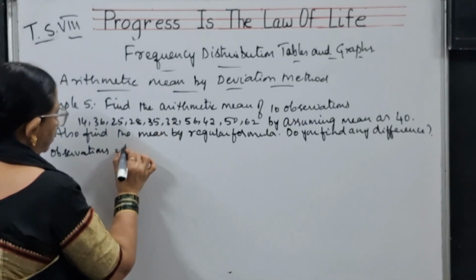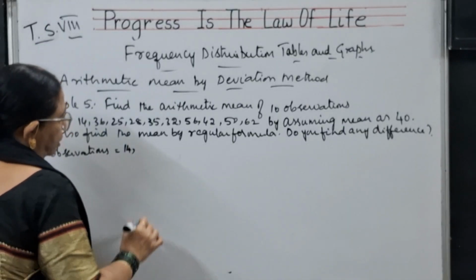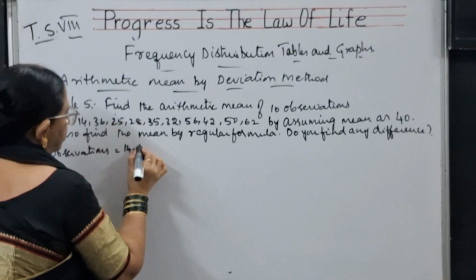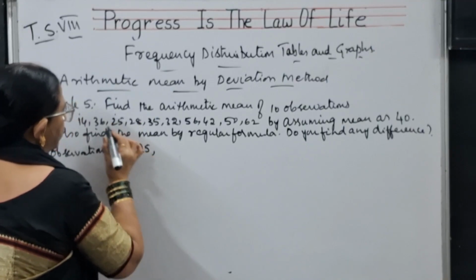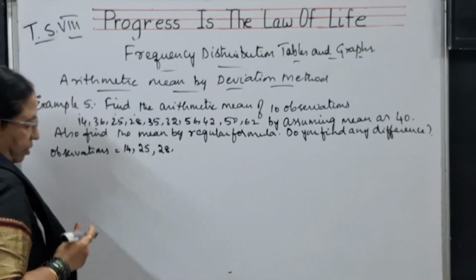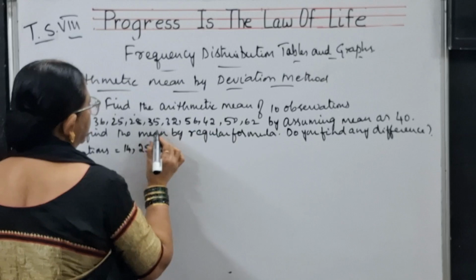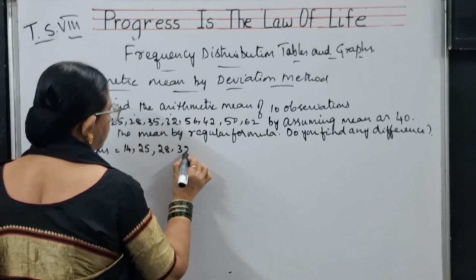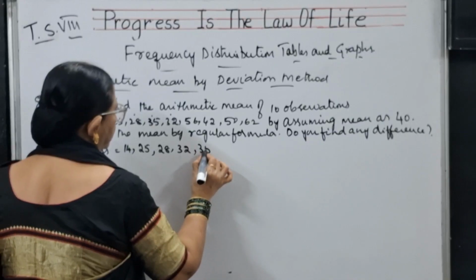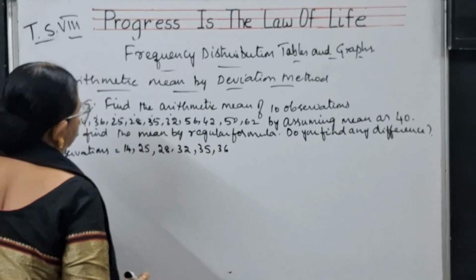14 is the smallest one. After 14, you have got next 25. So let us keep the values. After 25, you have got 28. Next, 32, and then 35. After 35, you have 36.